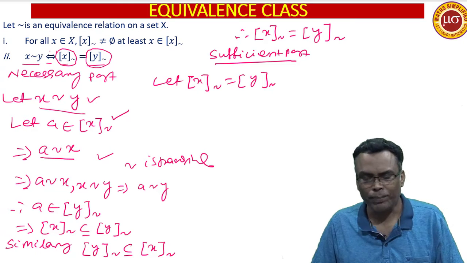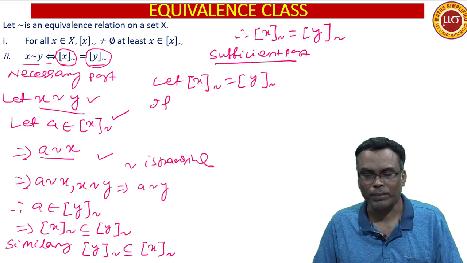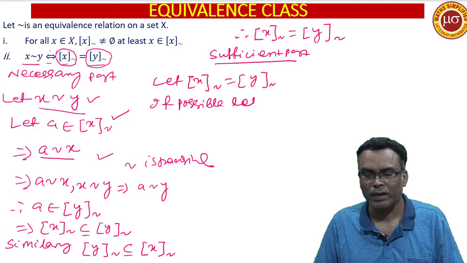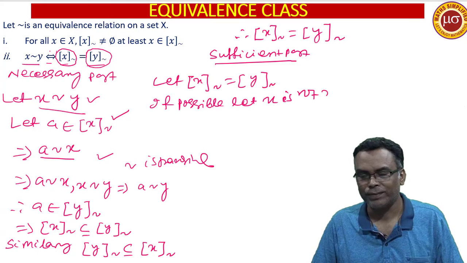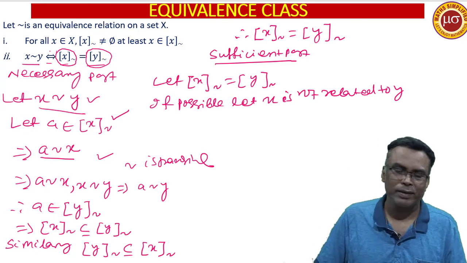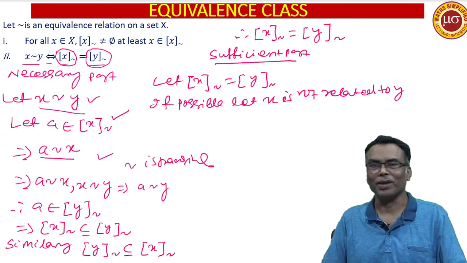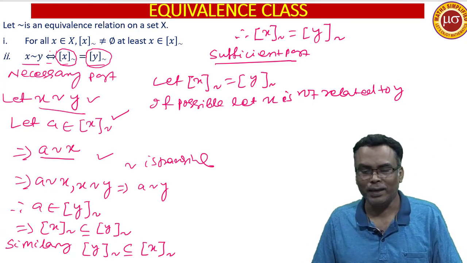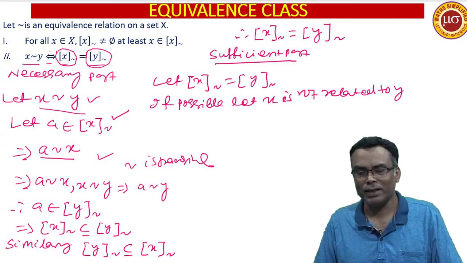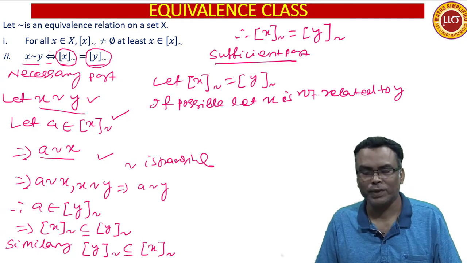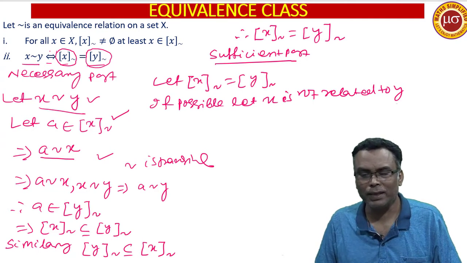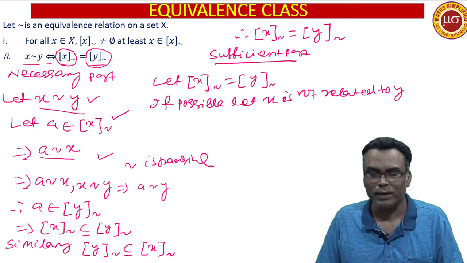If possible, let x be not related to y. Okay? We will prove by contradiction. Let, if possible, x is not related to y.